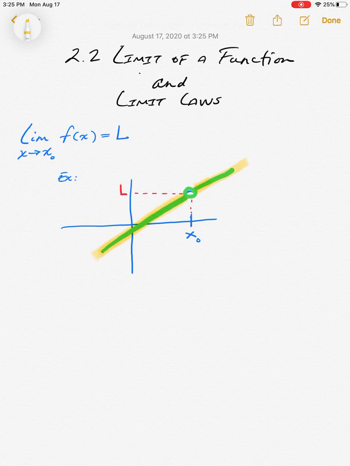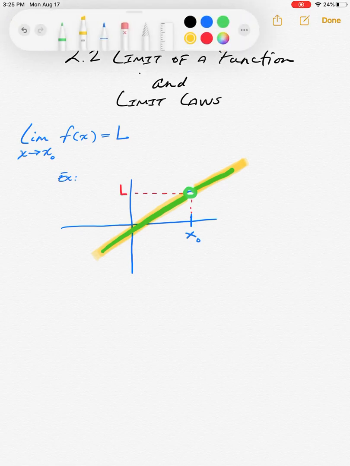So if you're approaching the exact same value from the left and the right, that is going to be your limit. If we would have approached a different value, let's toss in a different example right quick.